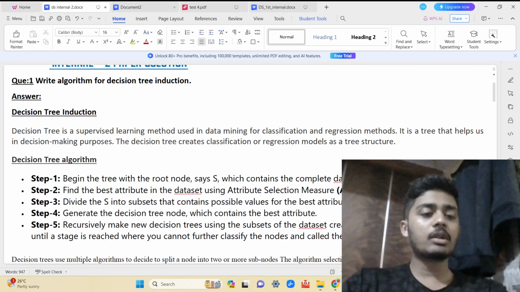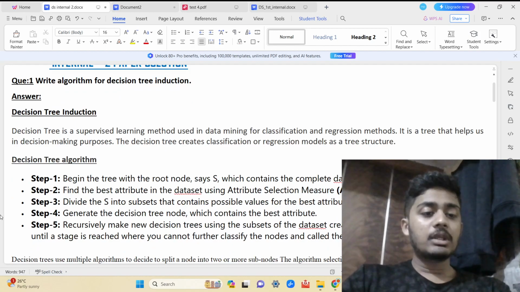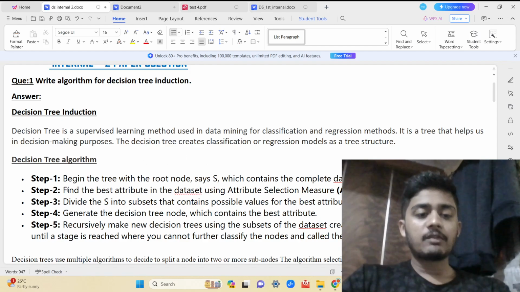Now let's see the algorithm. The first step is to begin the tree with the root node, say S, which contains the complete data set. Step 2 is to find the best attribute in the data set using the attribute selection measure. Step 3 is to divide the set into subsets that contain possible values for the best attribute.